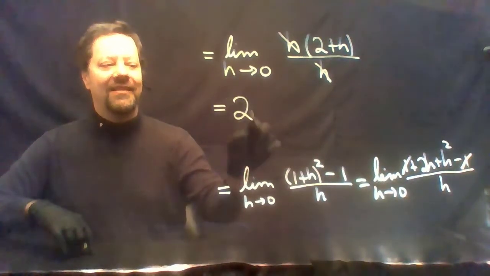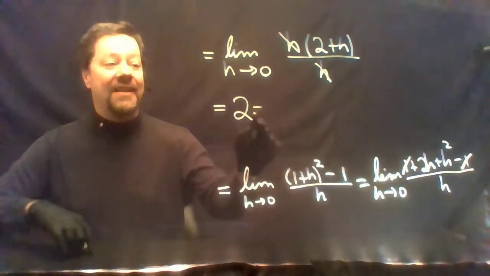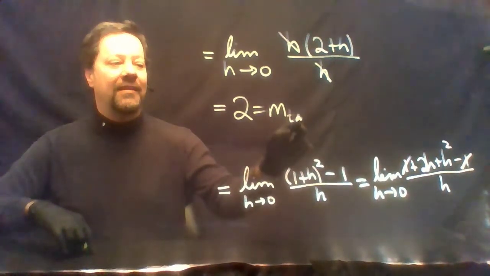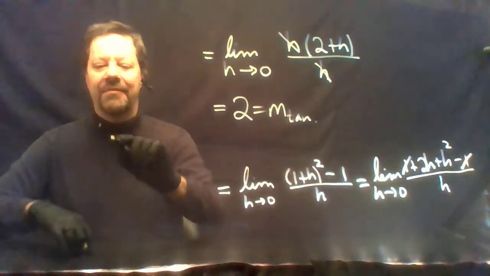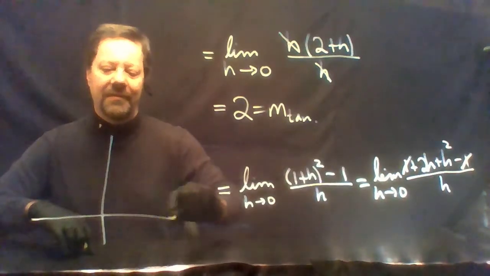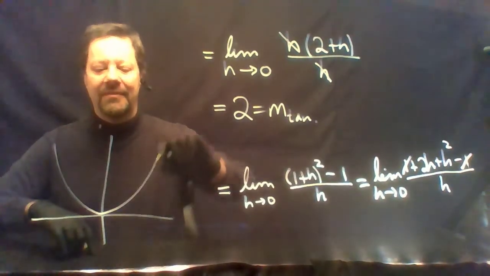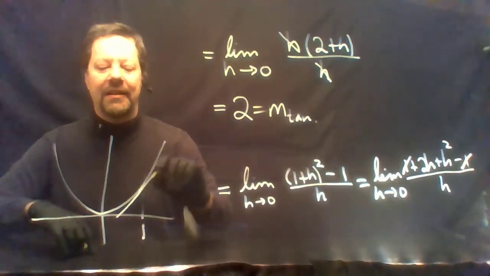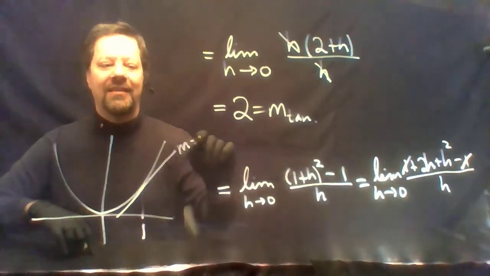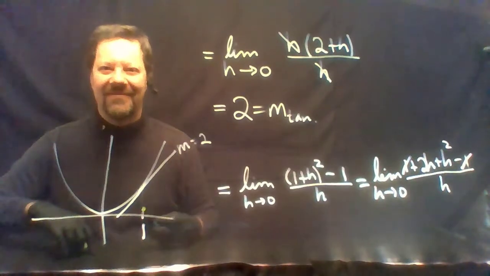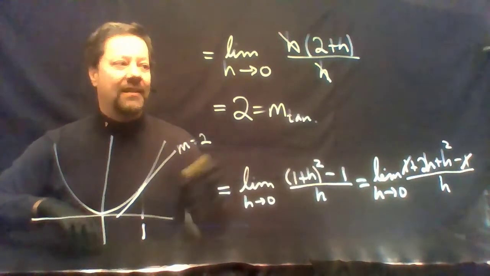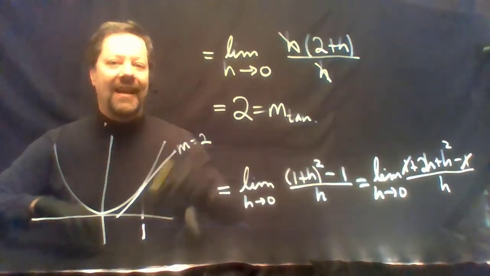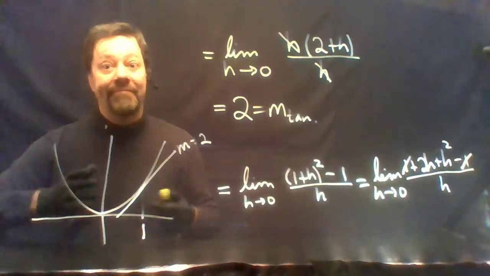The limit is 2, and that is the slope of the tangent line of this function. This function is a parabola, and at x equals 1, the slope of the tangent line is 2. I should point out that unless you can cancel that h in the denominator, you screwed up.